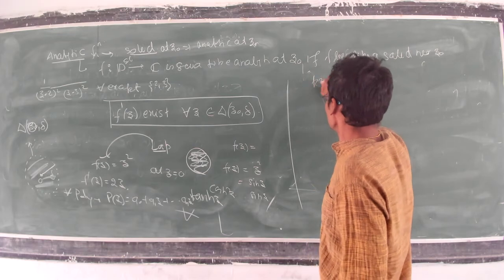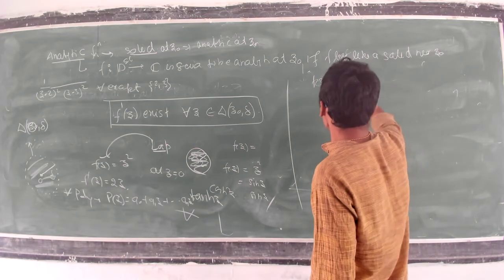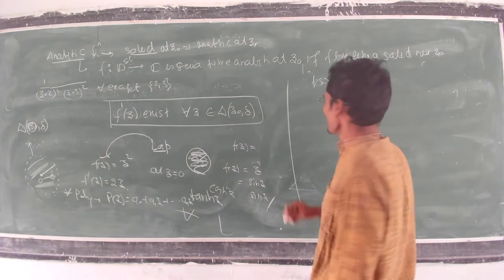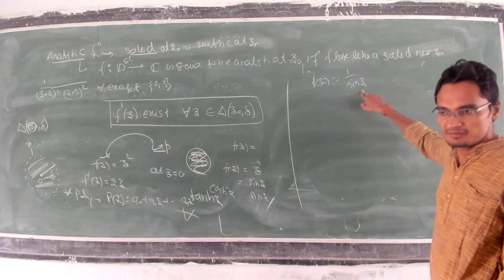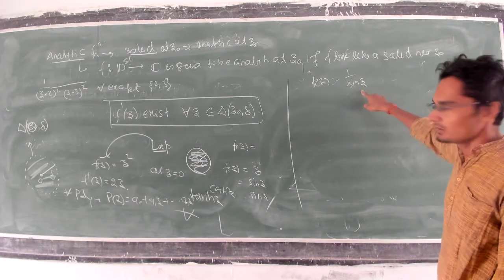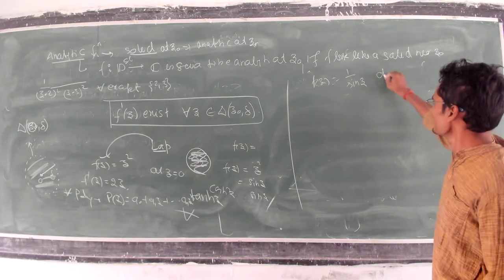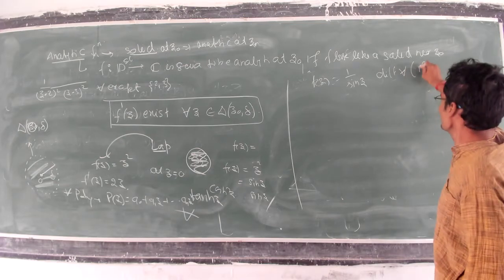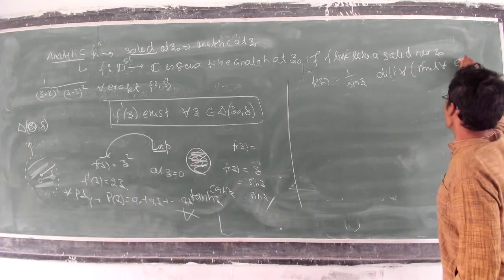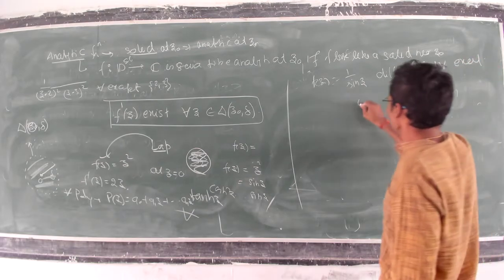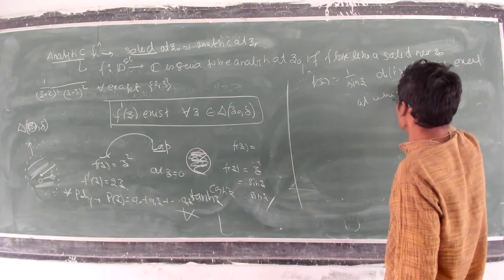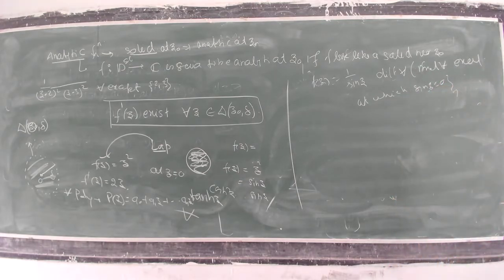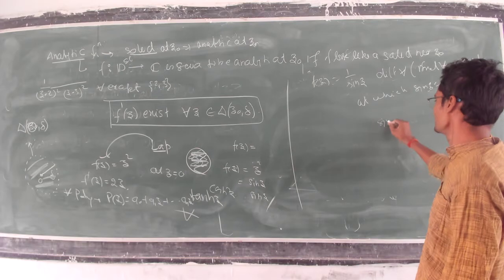See another, f(z) equal to 1 over sin z, right? We know that it will be a problem where the denominator is 0. So this is differentiable everywhere, or I can say even analytic everywhere, except at the points at which sin z is 0.